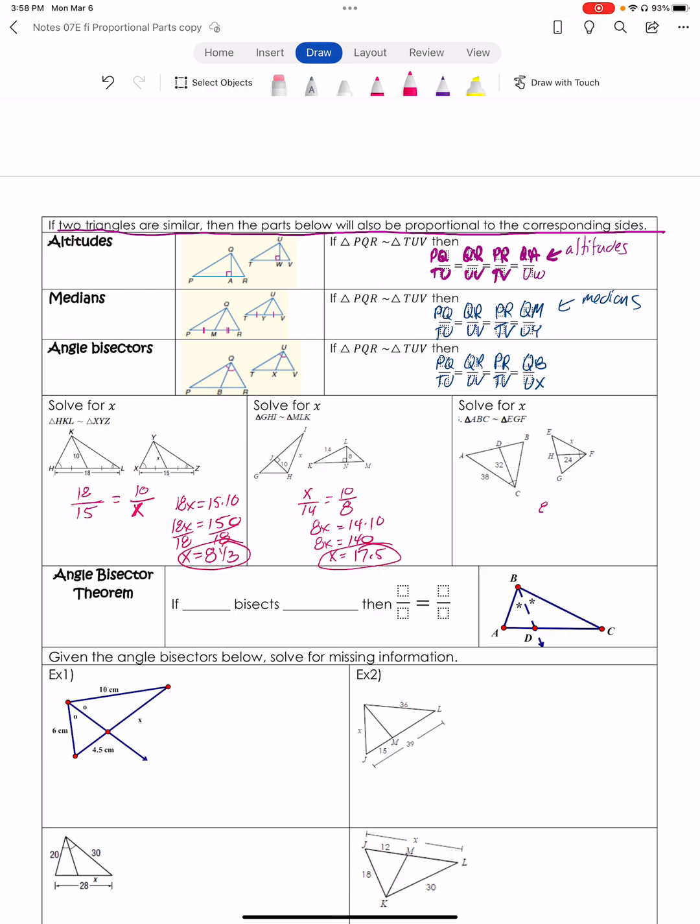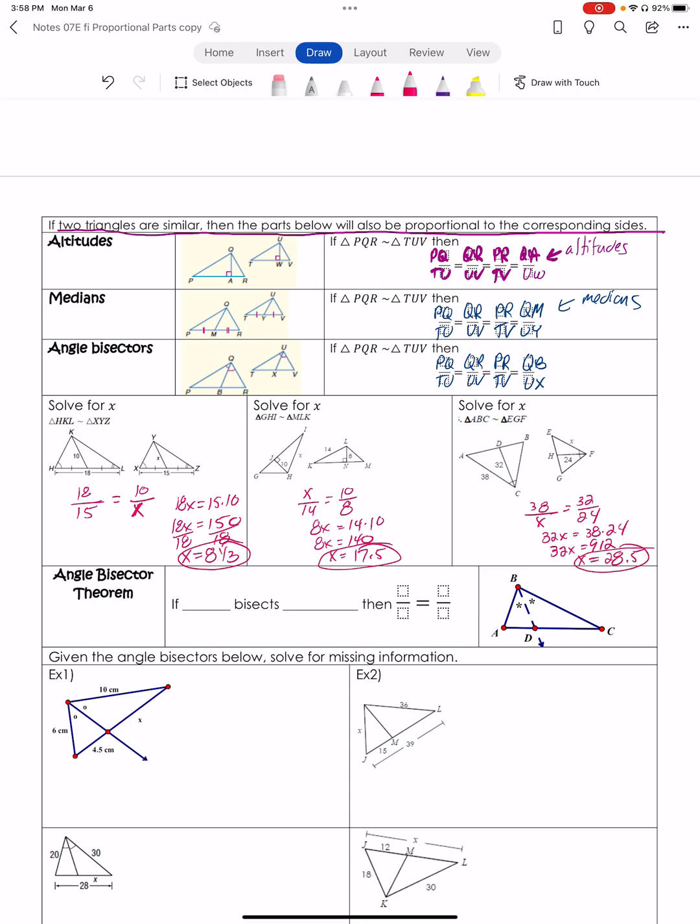And I know 38 over x is equal to 32 over 24. 32x is equal to 38 times 24. 32x is equal to 912. X is equal to 28.5.